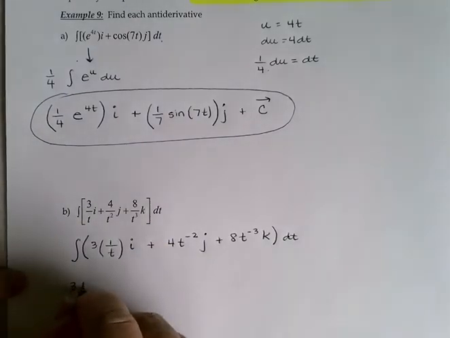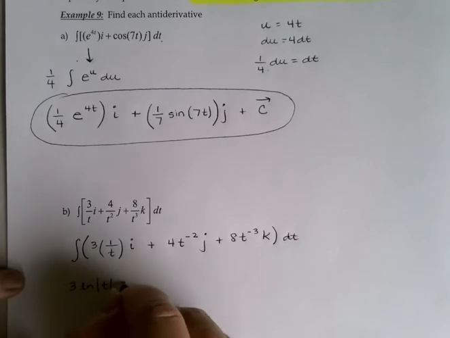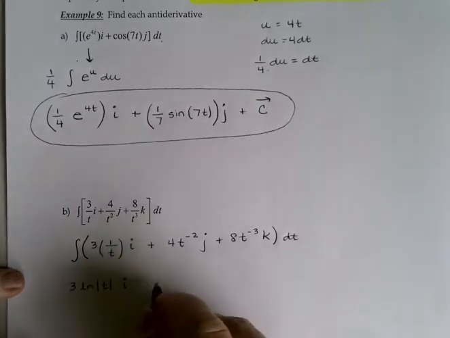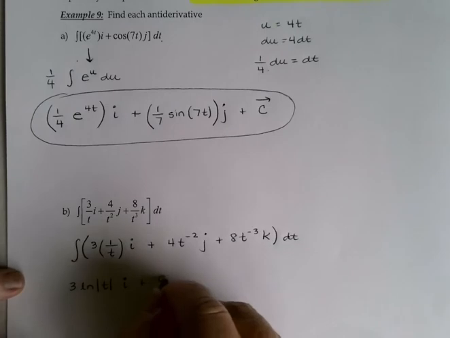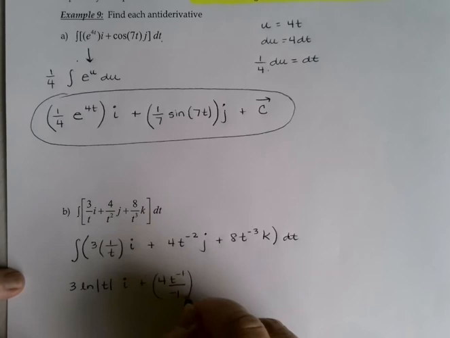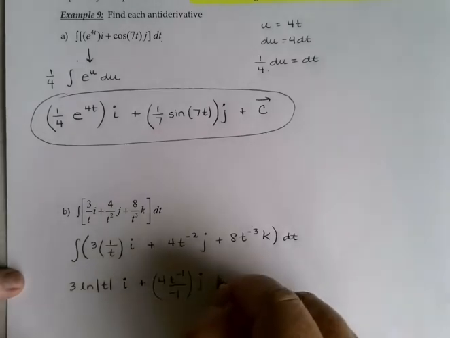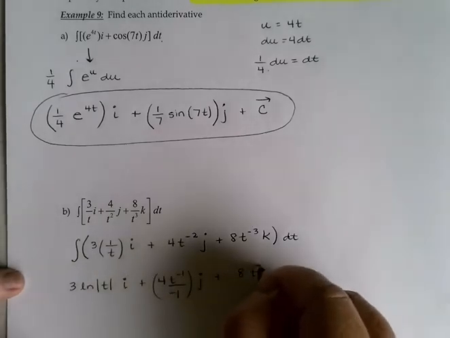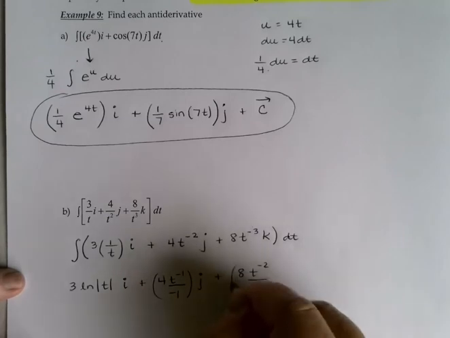So I do get 3 natural log t for i, and that'll become a 4t to the negative 1st over negative 1 for j, and an 8t to the negative 2nd over negative 2 for k.